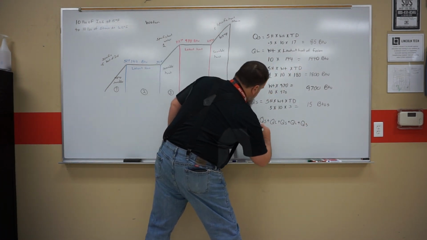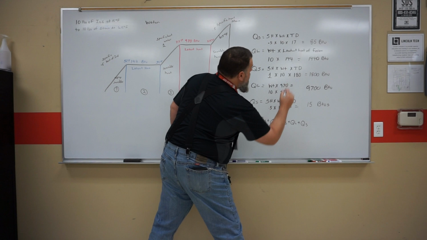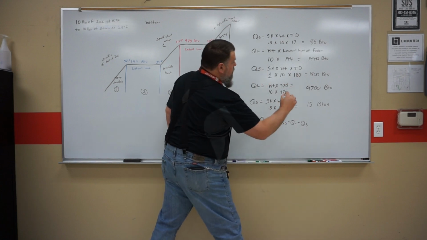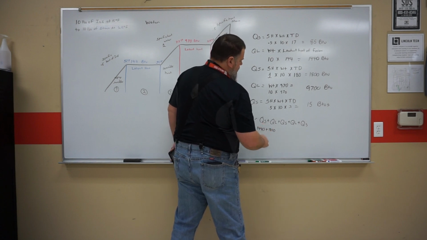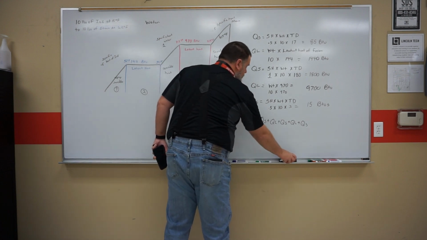Our first one was 1440, I'm sorry, plus the latent heat, which was 1800, plus, sorry about that, I messed up, I was looking at the wrong thing. Let's start over on that.